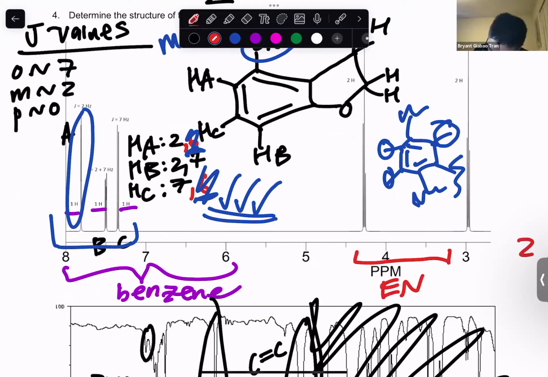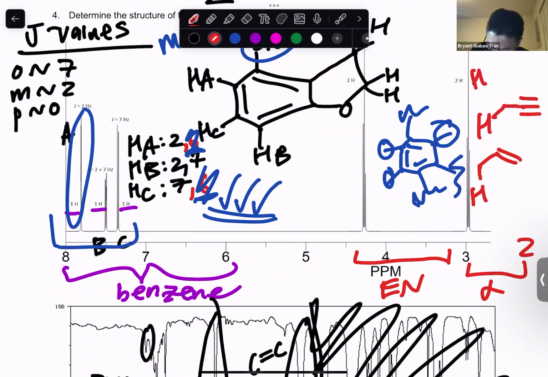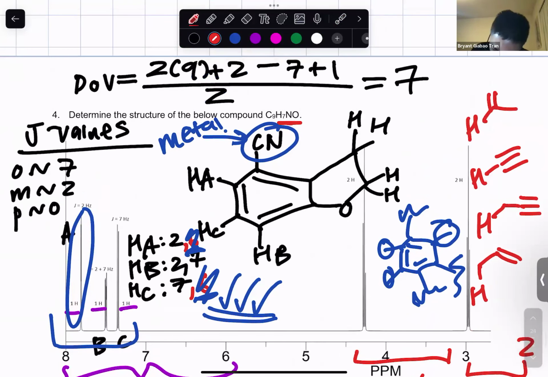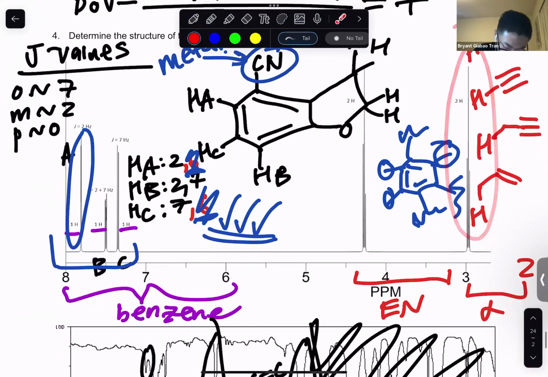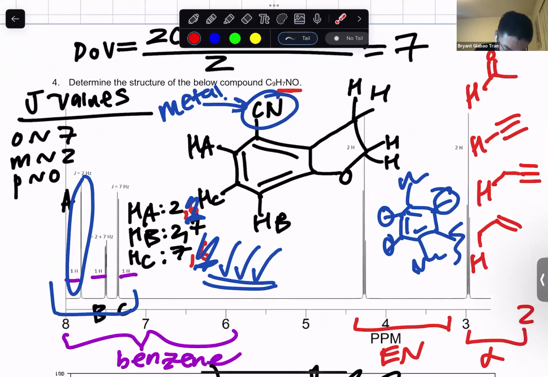And if it's between 2 to 3, that's the alpha region, where the hydrogen is alpha to a double bond, or alpha to a triple bond, or a terminal alkyne itself, next to a double bond, or alpha to a carbonyl, which is another double bond, right? Which we see that this peak here is alpha to that double bond right there.